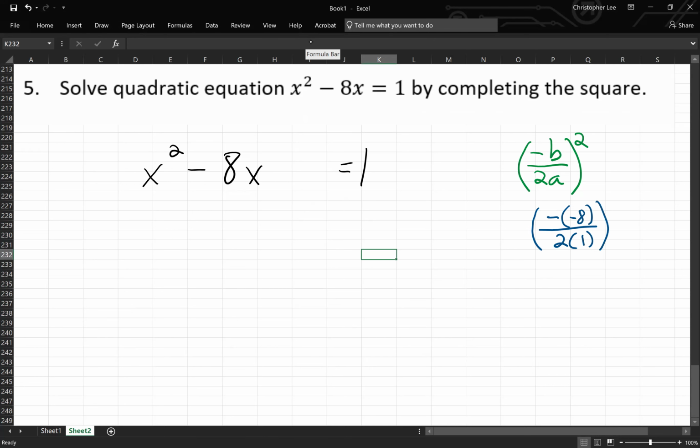Remember, my a term must always be 1 whenever I'm completing the square. So if the a term is not 1, you divide every term by a. Anyway, let's continue with this. Negative times negative 8 divided by 2 times 1 is what? Well, yeah, 16 in the end, right?